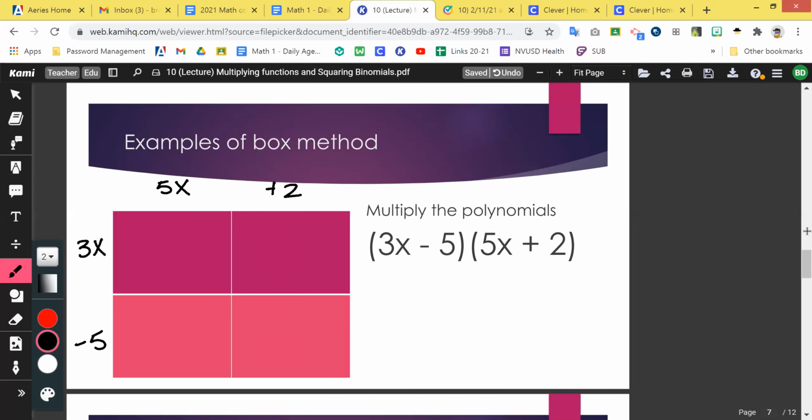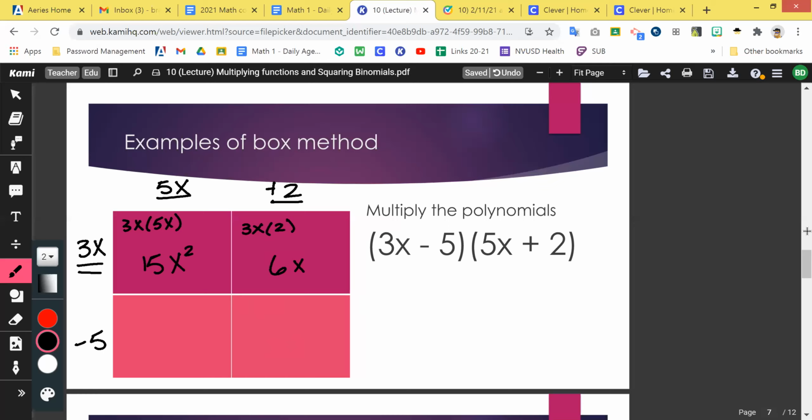So I have top left. That's 3x times 5x. So what we're going to do here is we're going to multiply number by number. That's 15. And then x times x makes it x squared. Easy peasy. Next box is top right. 3x times 2. 3 times 2 is 6. The single x tags along.